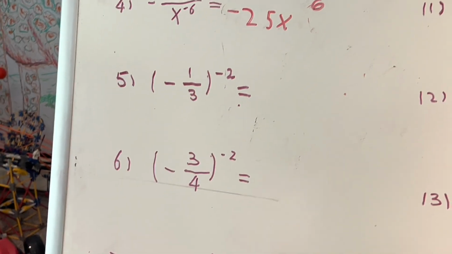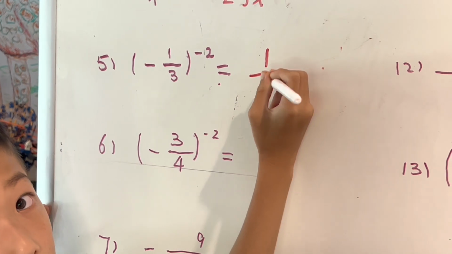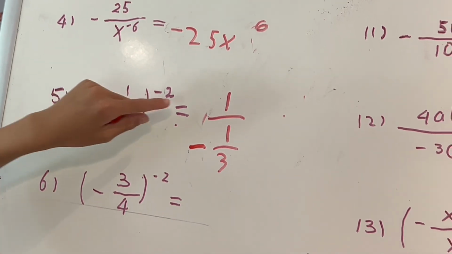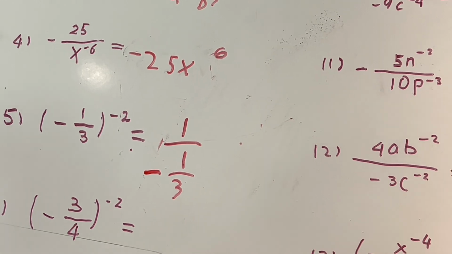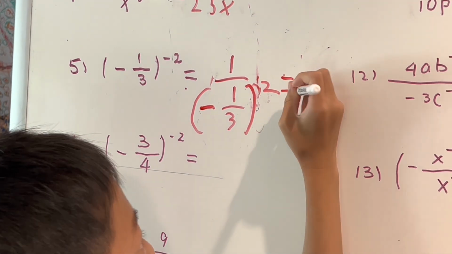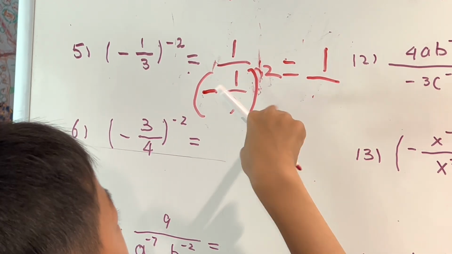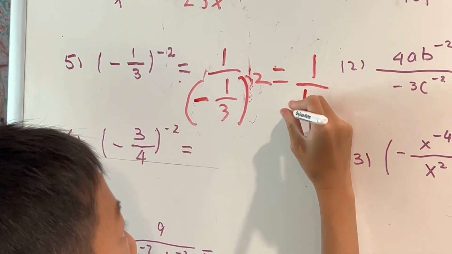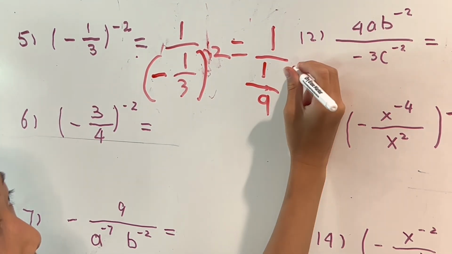So this one, since it's a negative fraction, you have to go 1 over 1 over 3. So it's 1 over negative 1 over 3. So now I can switch it to positive. So it's 1 over, so this is positive, and 1 squared is just 1, and 3 squared is 9. 1 over 1 over 9.